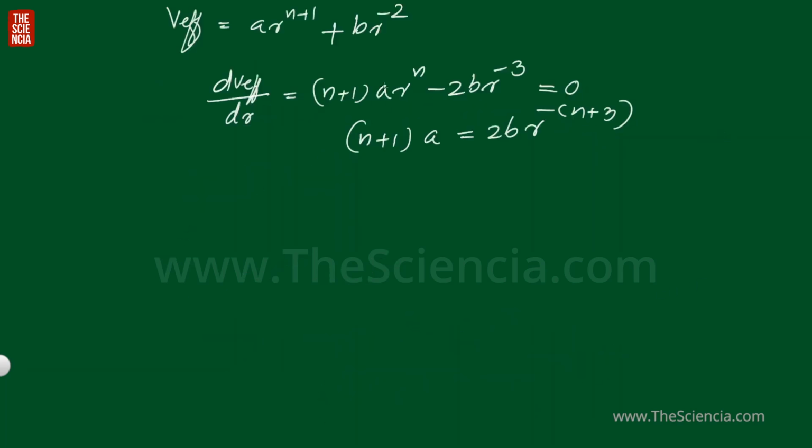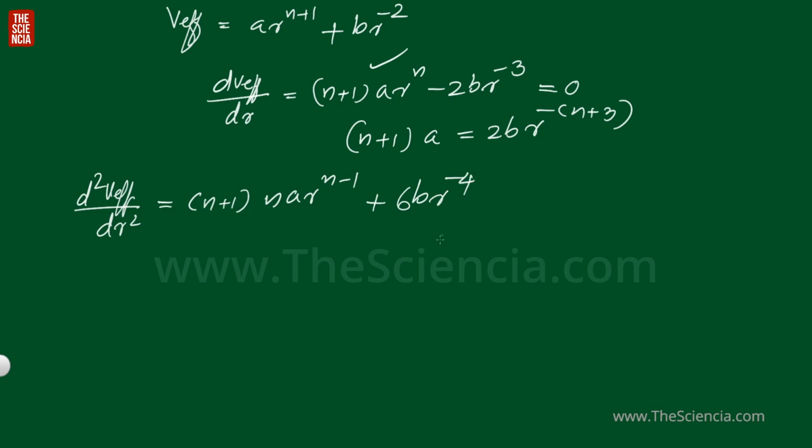Now we have to take the second derivative of this function and check whether it is greater than 0. If greater than 0, then we can say the orbit is a stable orbit. So d²V effective/dr² is equal to (n plus 1) n a r raised to n minus 1 plus 6b r raised to minus 4.